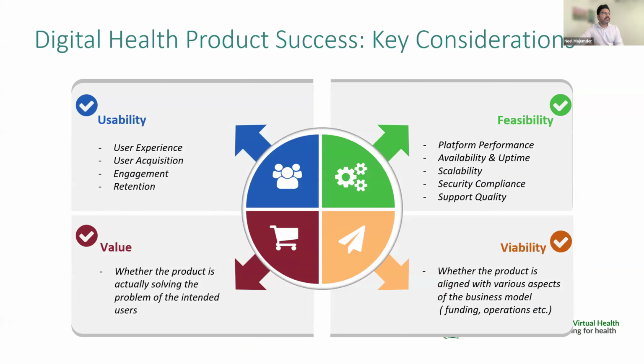This is what we consider in our team as our North Star when we talk about product success, when we sit with the product teams and the clinical partners to discuss what may be useful to measure success for a particular product. These are our key guiding factors.